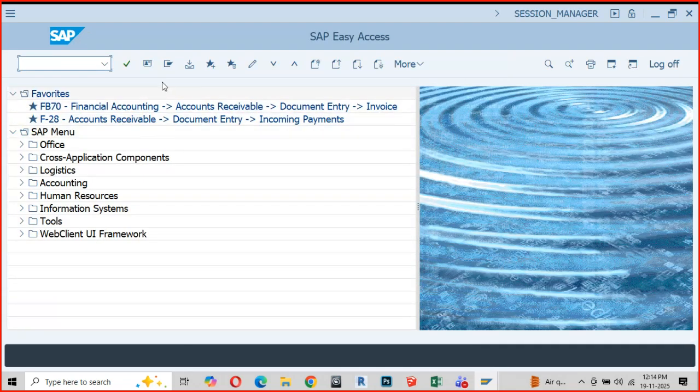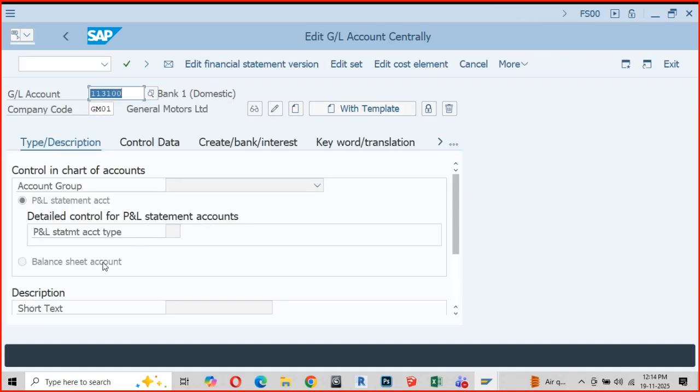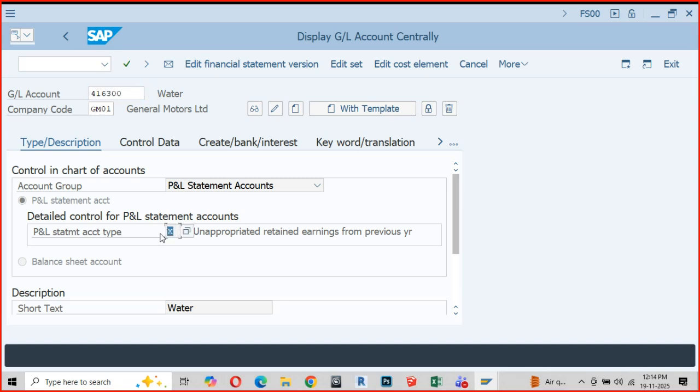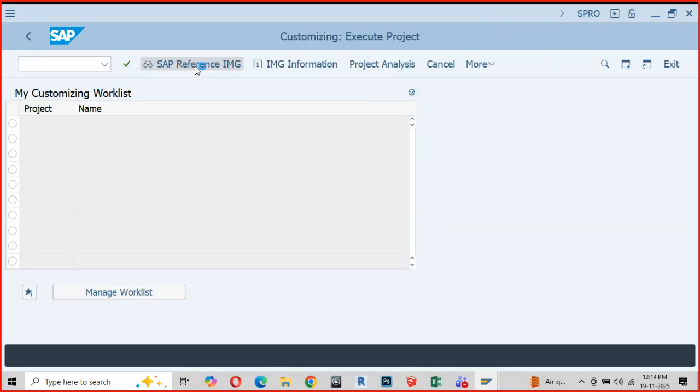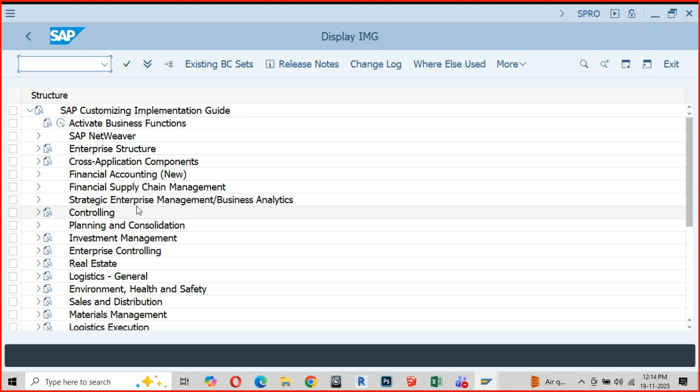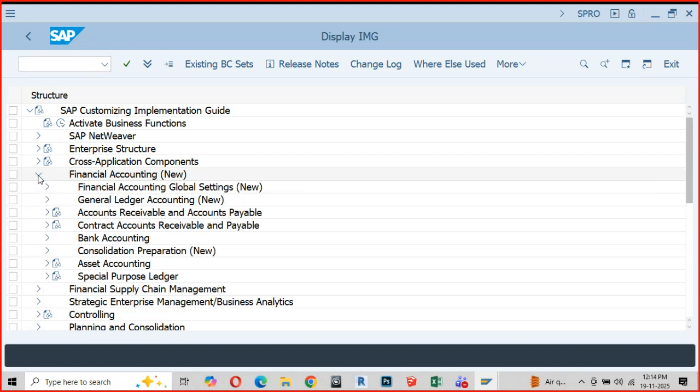So from the consultant's perspective, I'll again go back to this and focus on this, or maybe I'll open a P&L account, an expense account, to tell you what exactly this X means. So I'll open another consultant's screen. You don't have to remember where exactly you do it, but understand this concept. So you have this general ledger accounting.